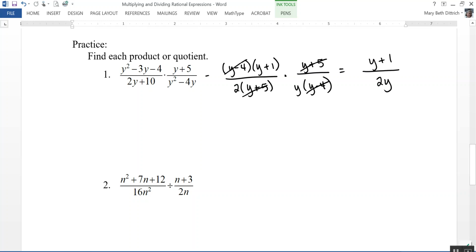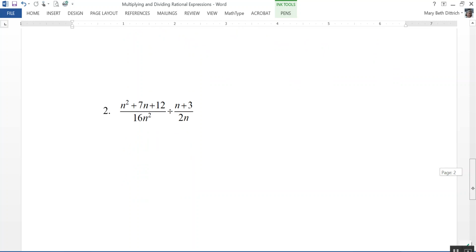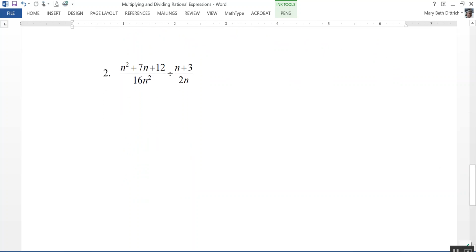And let's take a look at our last practice problem here. I will factor the numerator, so that's going to give me n plus 3 times n plus 4 over 16n squared times, and then I'm going to multiply by the reciprocal, 2n over n plus 3, and there was nothing to factor there.